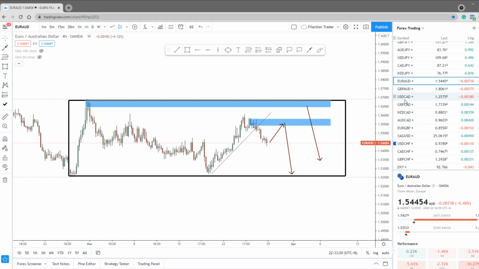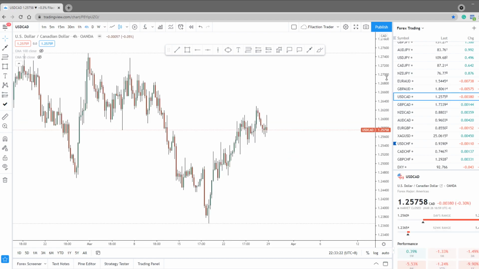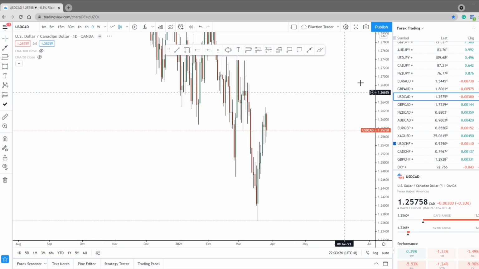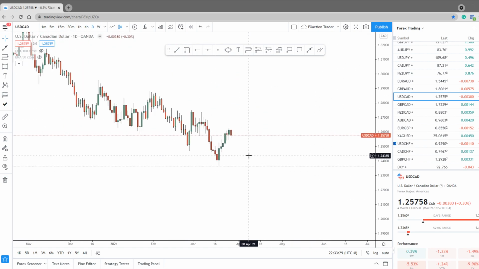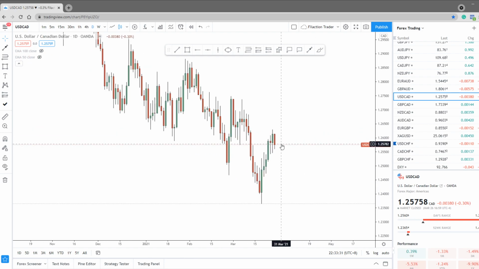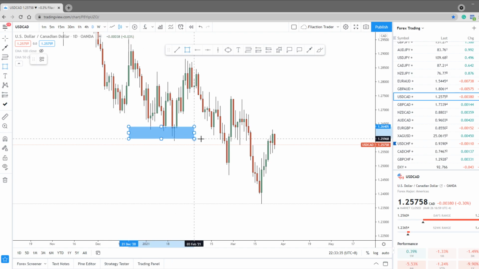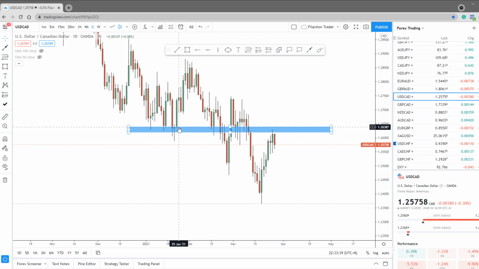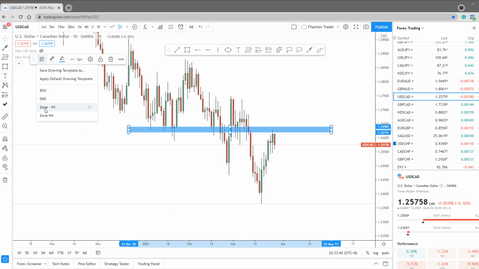So let us have a look at USD CAD, the dollar Canadian pair. On the daily chart, we can see that the market has shown us some rejection in terms of bearish momentum at a previous key level. Right, let me change the color.